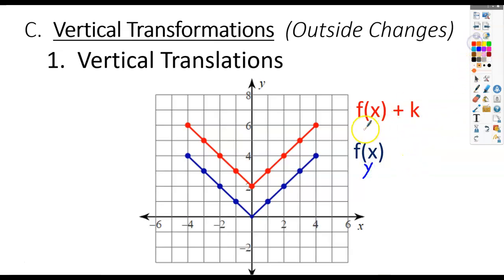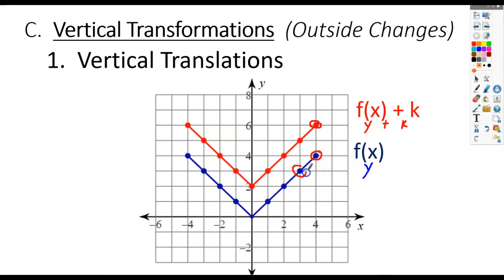If you take your y value and you add something to it, then the y value gets bigger. So for instance, for this point right here, what's the y value? It's 4, right? So if I were to add 2 to 4, what do I get? 6. So I added 2 to the 4 and I got 6.